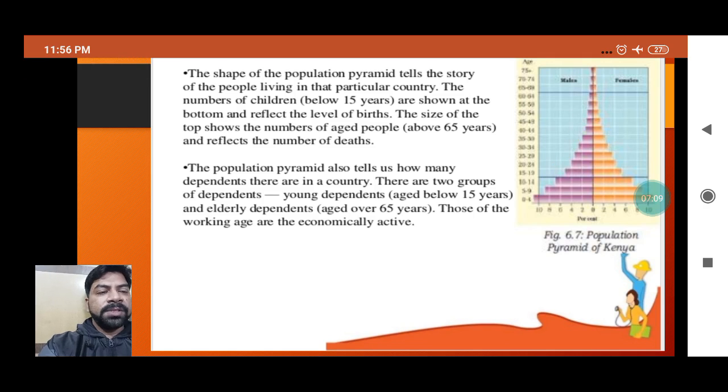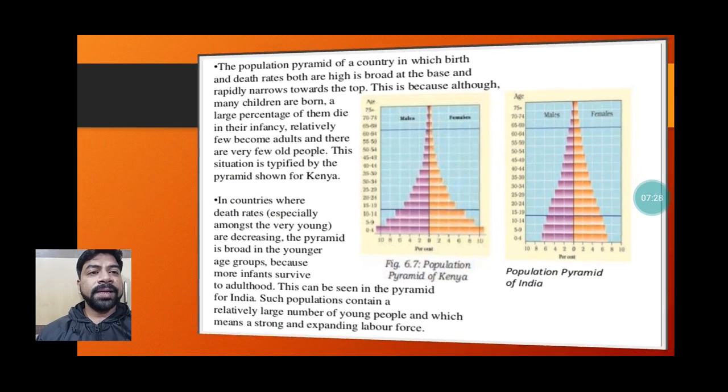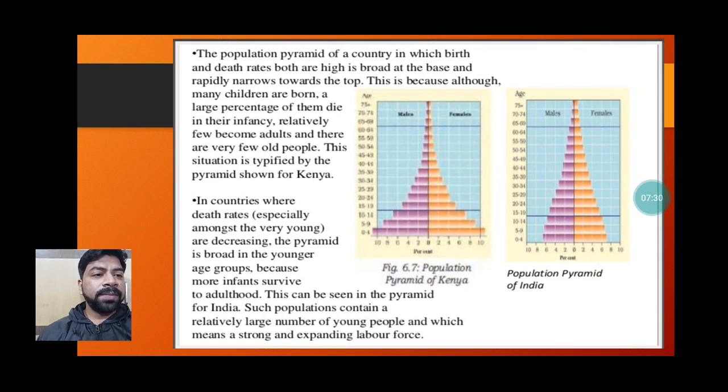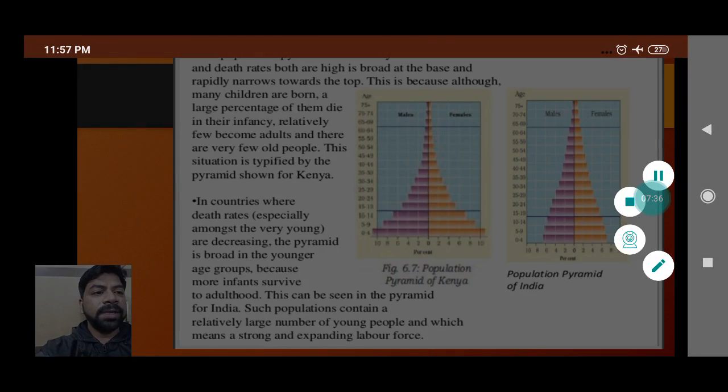So this is the population pyramid, and this helps us to understand how many people are in the working age group. If a person's age is between 15 and 65, then the country has more working age group people living in it. In the same manner, if we see the other diagram, here is the population pyramid of India, and you can compare it with Kenya.